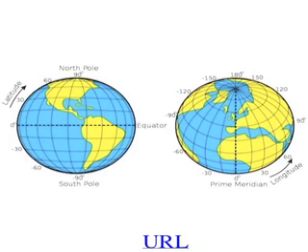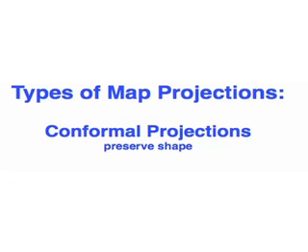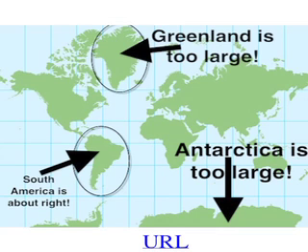So on a flat map, if we're thinking we're going to keep those right angles, then the lines of longitude, instead of converging at the poles, are parallel. So a truly conformal map will create a line for the North Pole rather than a point. And that line will be the same length as the equator. So you can imagine, although we have correct shape, the size of places toward the poles are greatly exaggerated.